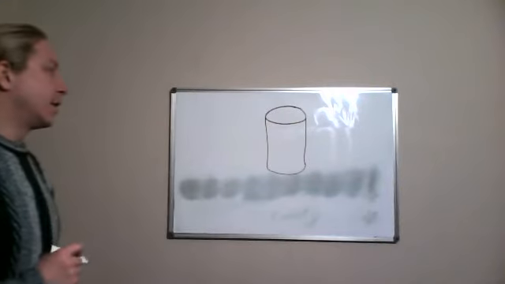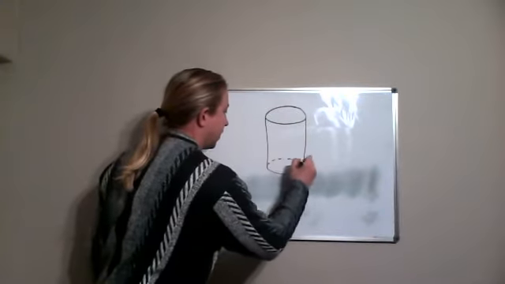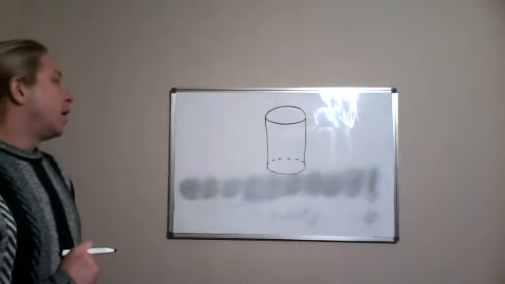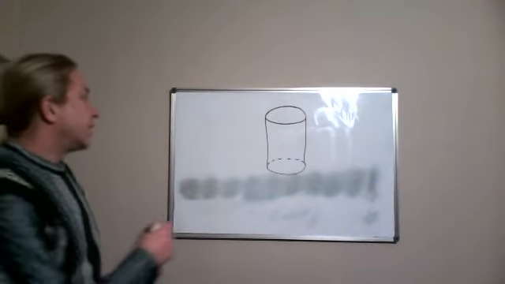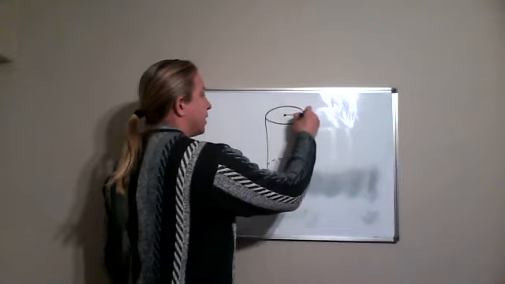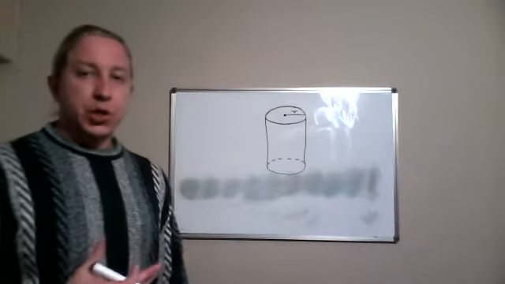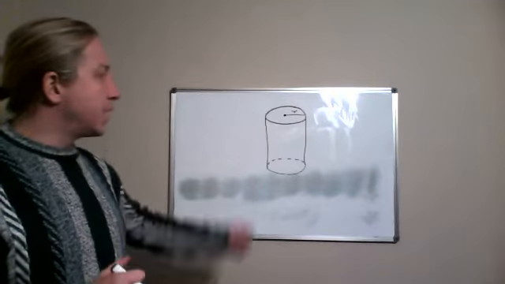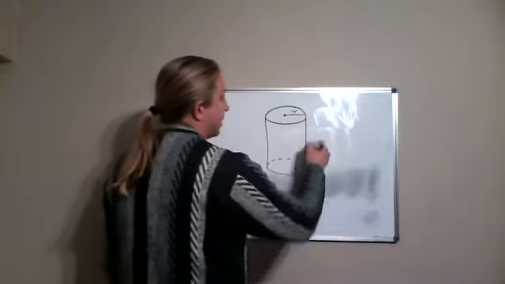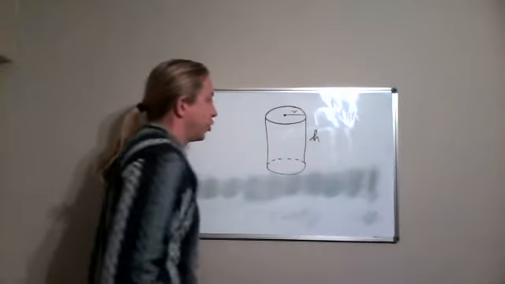Okay, there's our cylinder. I'll do a dotted line here to show you the base. Right, so this is our cylinder. It has a radius R. Remember, with circles, the only important thing is the radius. And the cylinder has a height, which is H.